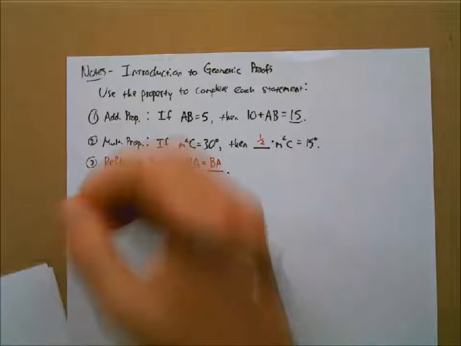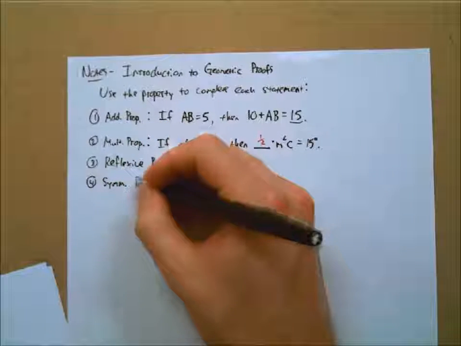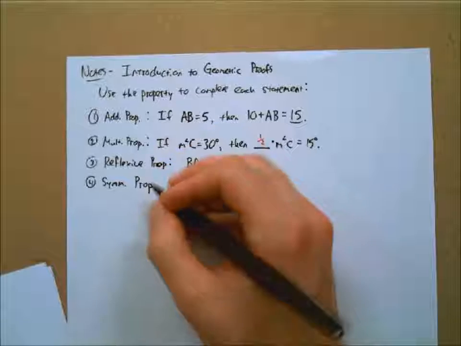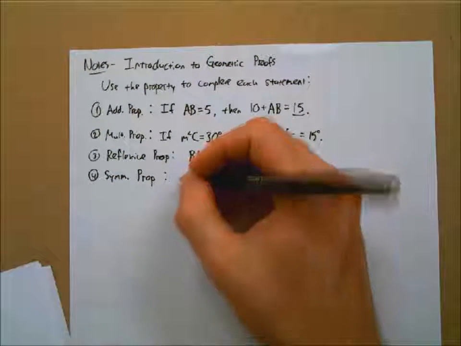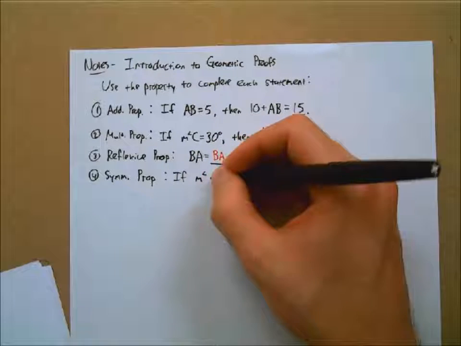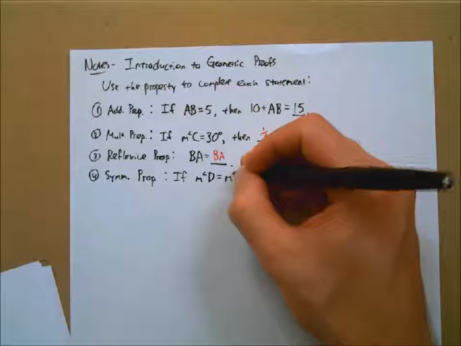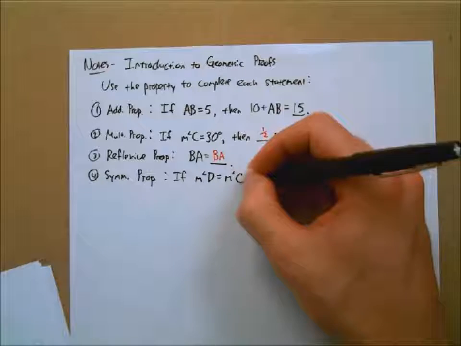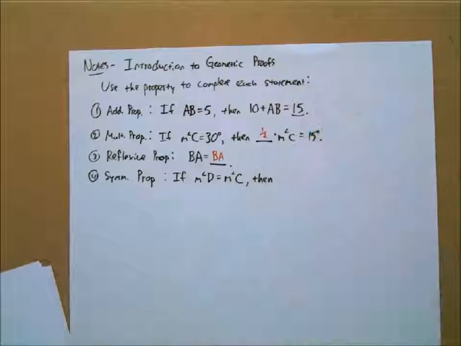All right, let's use the symmetric property here. We'll start with this if statement. If the measure of angle D is equal to the measure of angle C, then what follows by the symmetric property here?